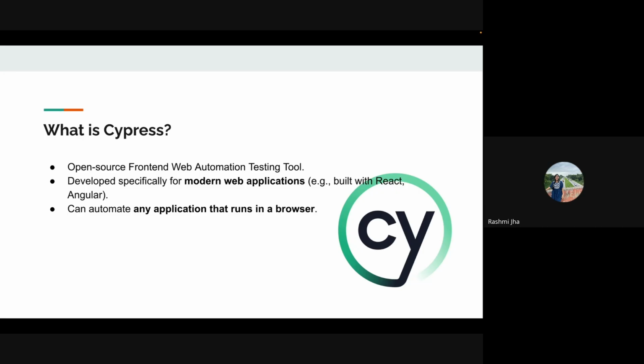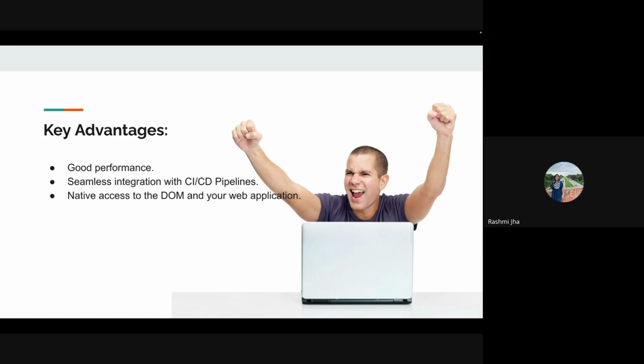So we can automate any application which runs on a browser using Cypress. Coming to its advantages, it has good performance and it can be integrated with CI/CD pipelines. It has native access to the DOM and web applications too.